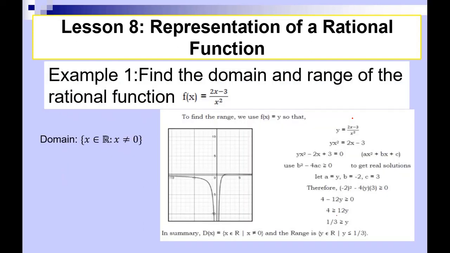Then we will have representations. This is now finding the domain and range. Okay? So for example, find the domain is just simply equate the denominator to 0. So we will have x squared is equal to 0.